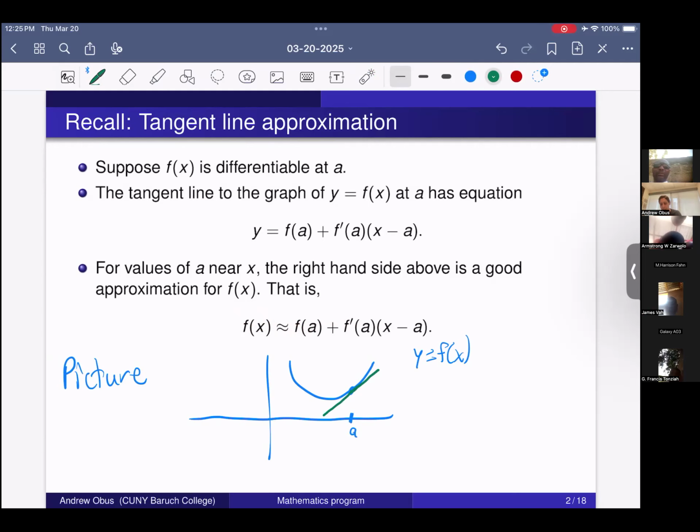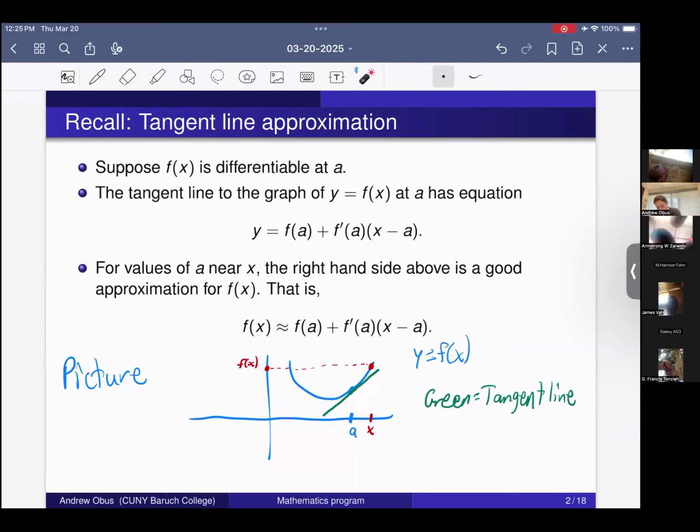If this green line here is the tangent line, so green equals tangent line, then the idea is if I take some point x over here that's pretty close to a, then if I look at what the actual f of x is, this is how I figure out the actual f of x. I look at the point on the graph above x and see what the y value is. That is f of x.